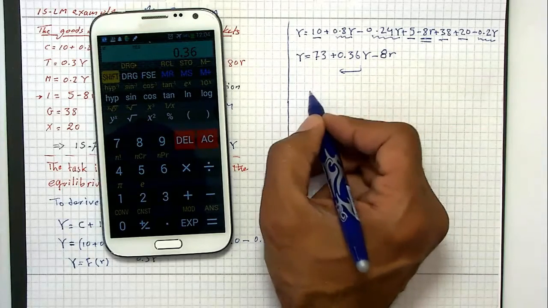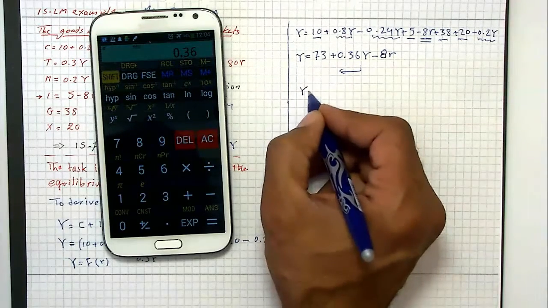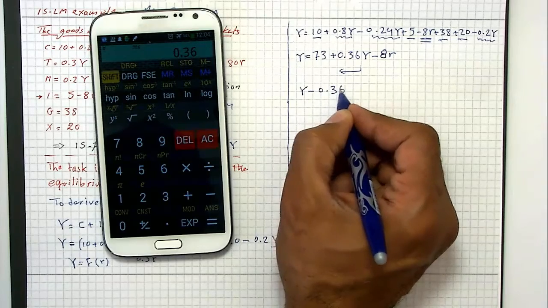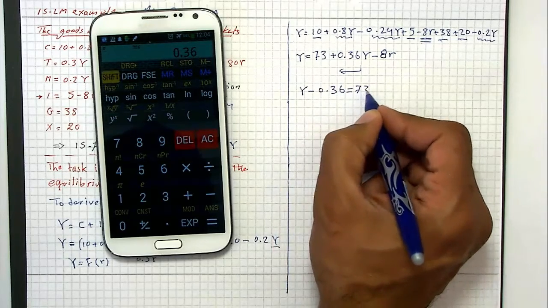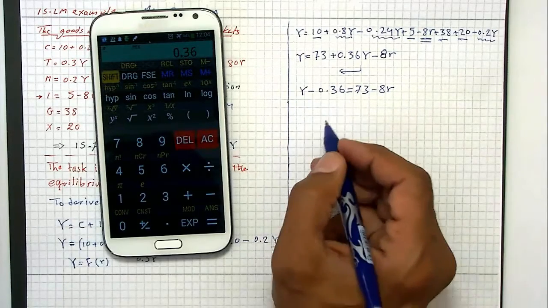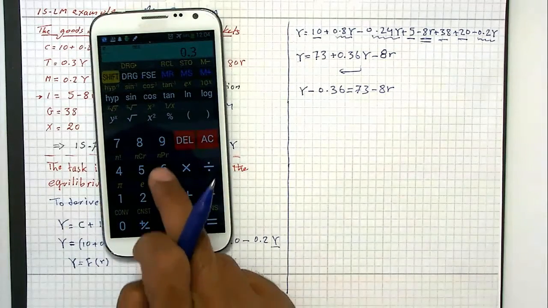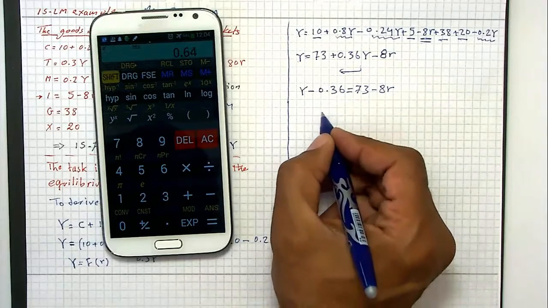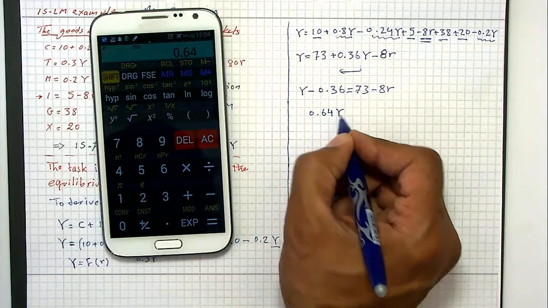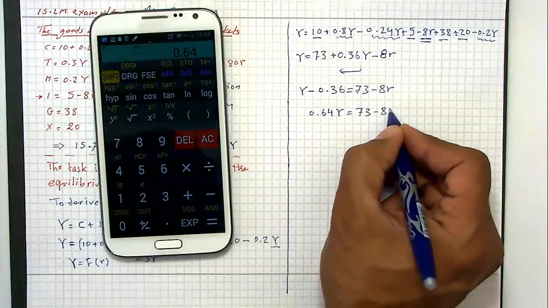So what I'm going to have here on the left hand side is the y that I had in the beginning minus 0.36 equal to 73 minus 8r. And from this I will have 1 minus 0.36 equal to 0.64 y equal to 73 minus 8r.